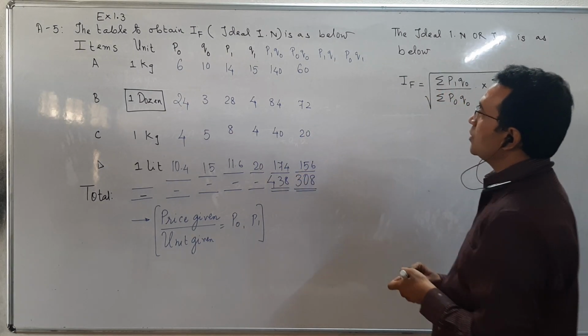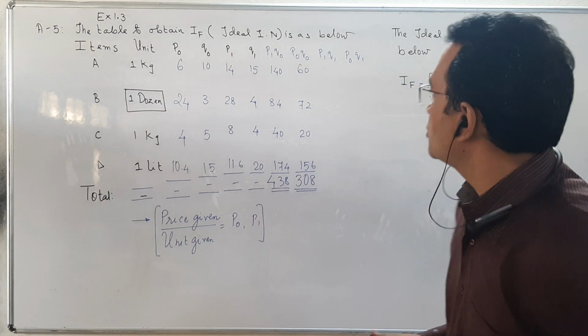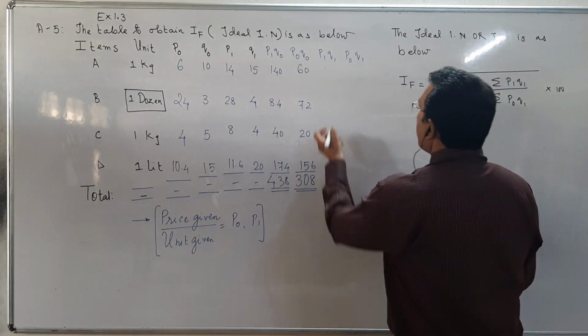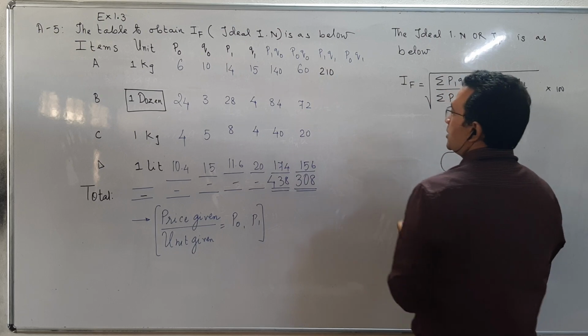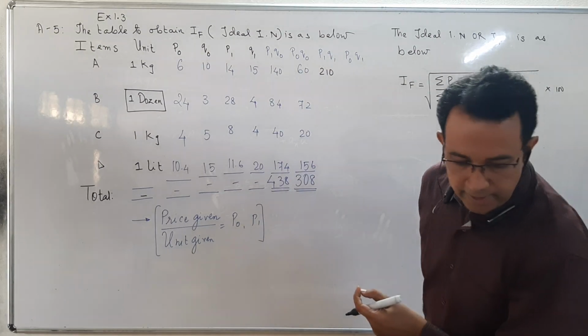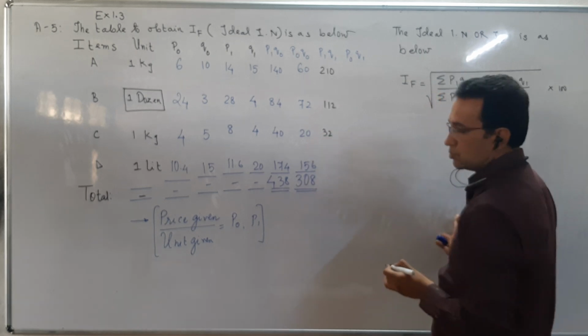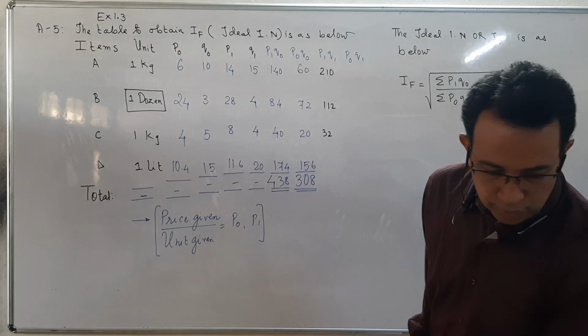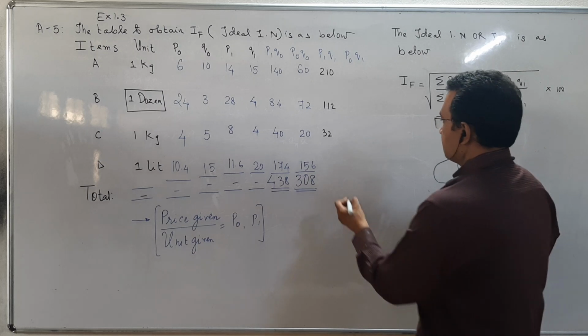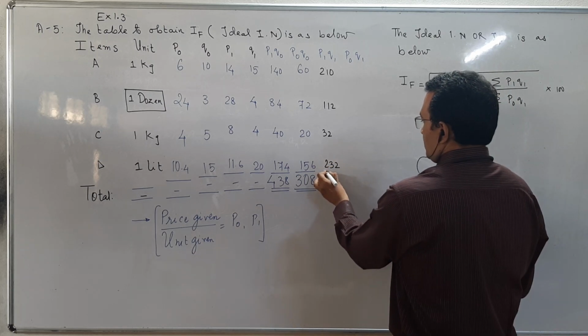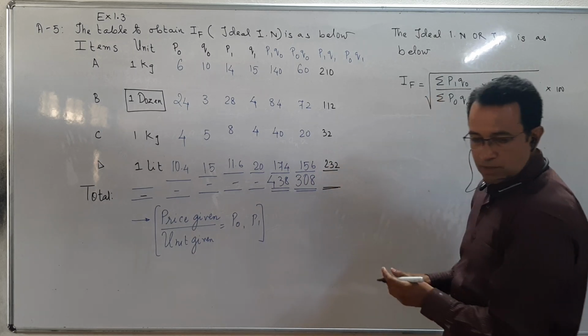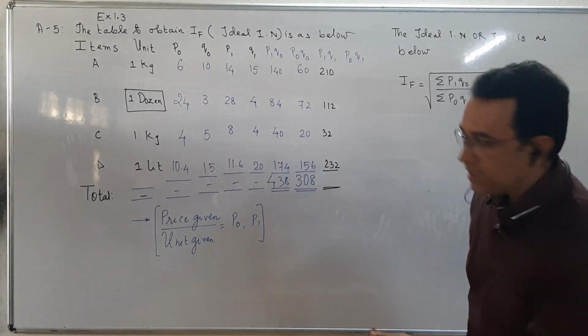Then P1Q1: 14 into 15 is how much? 210. Then 28 into 4 is 112. Then 32. And the last is 232. And this total comes out to be 586.